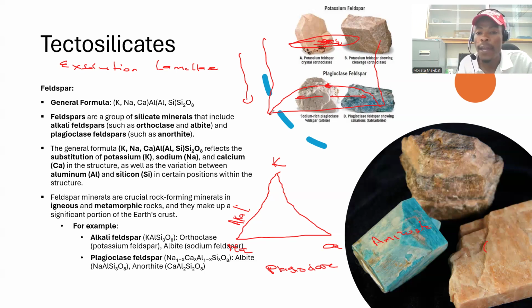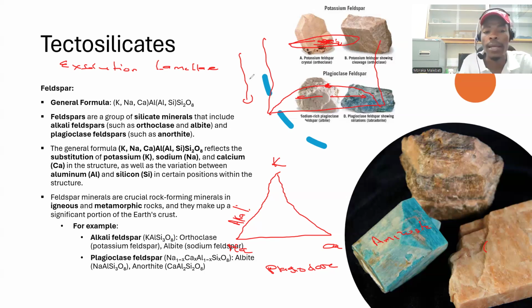All right. And then things like the microcline and the orthoclase can easily be identified by this structure, besides the exsolution lamellae.